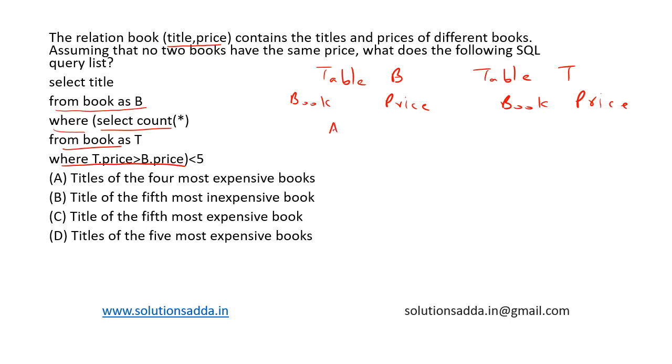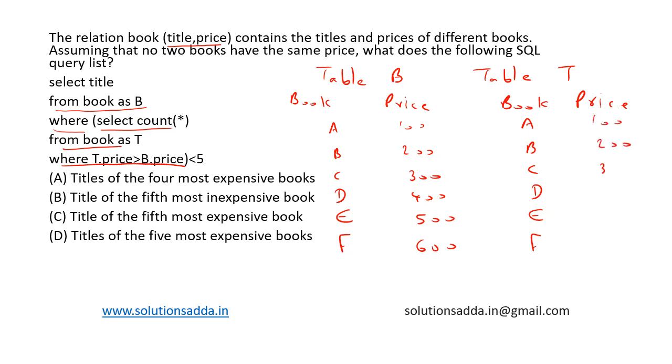We have A, B, C, D, E, F with prices 100, 200, 300, 400, 500 and 600. Similarly, we have A, B, C, D, E and F with 100, 200, 300, 400, 500 and 600.